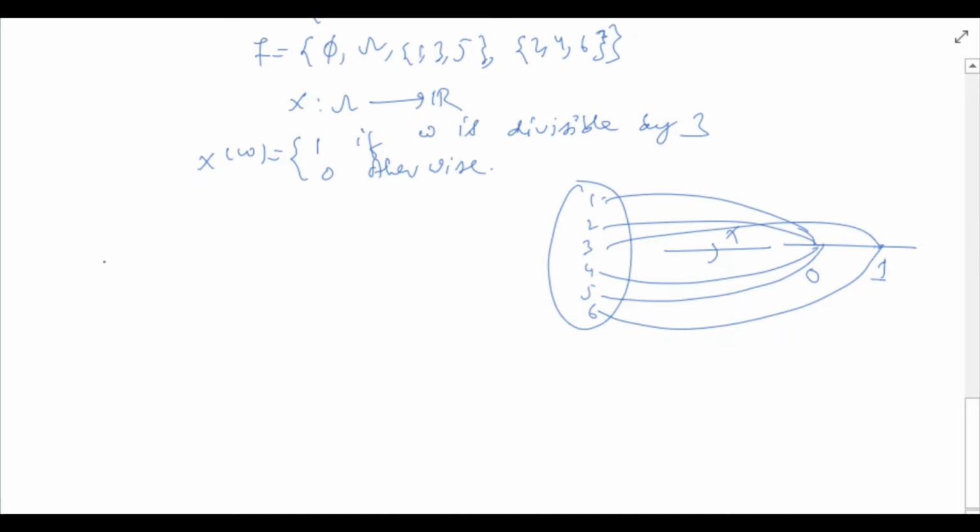Now, if we consider the pre-image of the set minus infinity to x, then it is the collection of all points that are mapped to points on the real line that are either 0 or to the left of 0. So this pre-image is {1, 2, 4, 5} and it's not in F. So X is not a random variable.